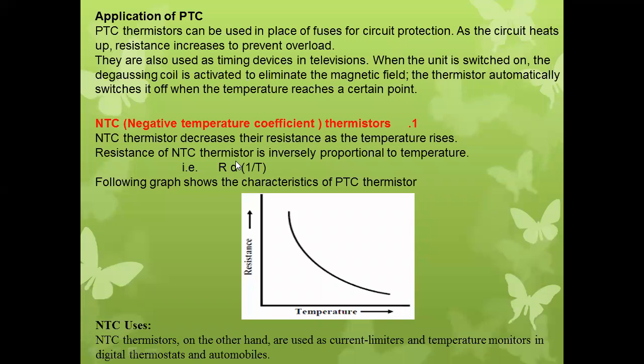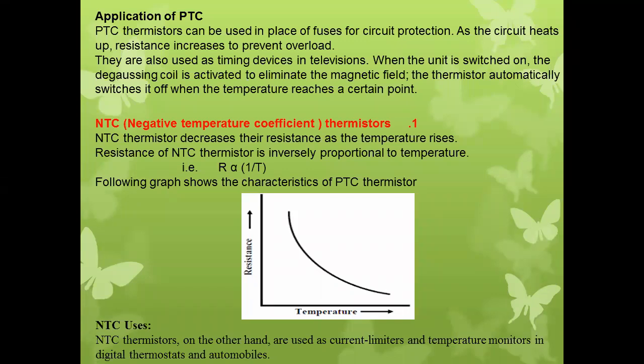Next, the application of the positive temperature coefficient thermistor. It can generally be used in place of fuses for circuit protection. As we know, an electrical system should be protected from fault situations. To protect the system from faults, we use switchgear protection devices, and one of them is the fuse.